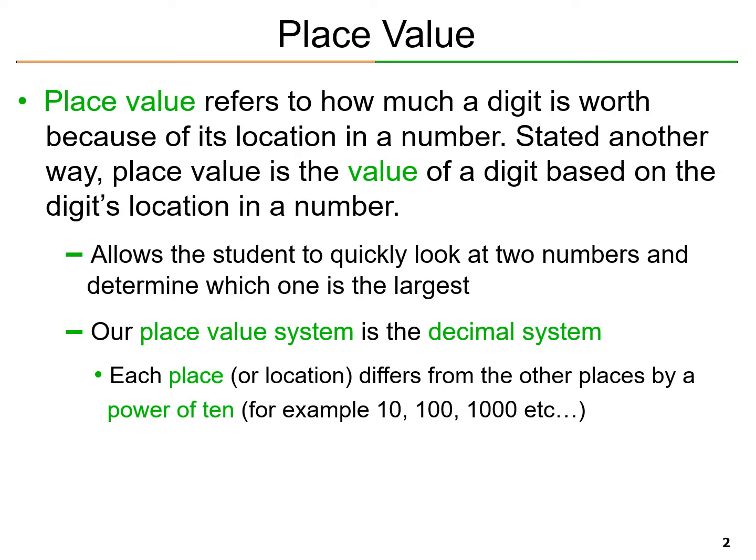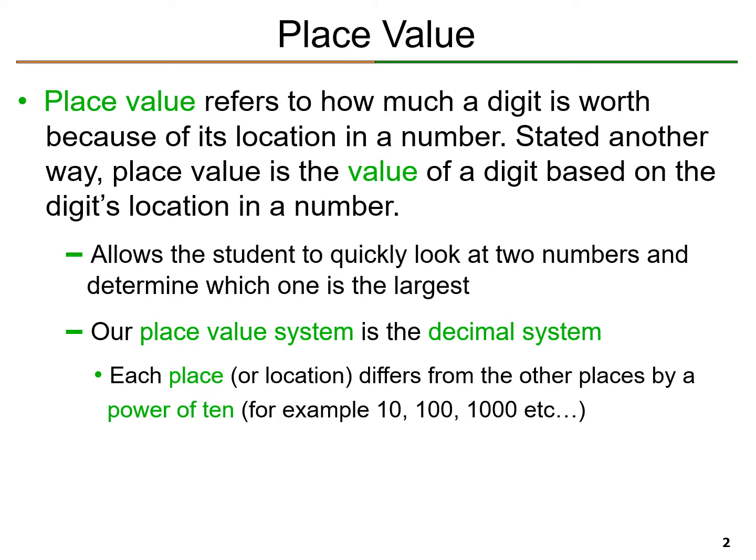Place value refers to how much a digit is worth because of the digit's location in a number. Stated another way, place value is the value of a digit based on the digit's location in a number. Now let's not get the different places in a number mixed up with place value.